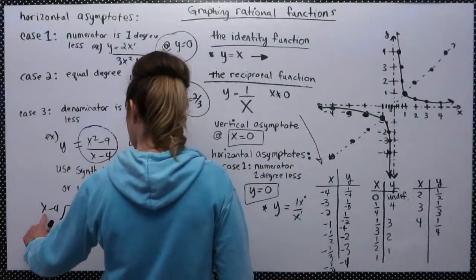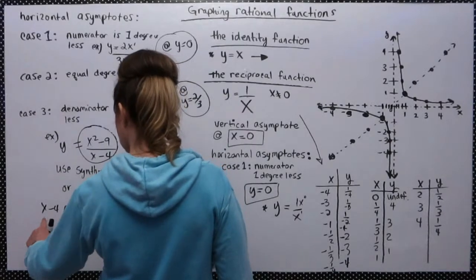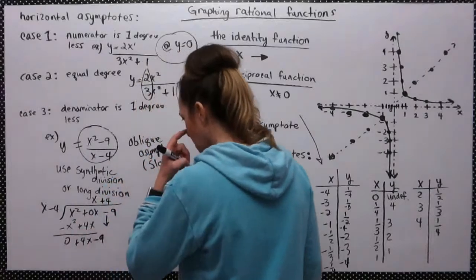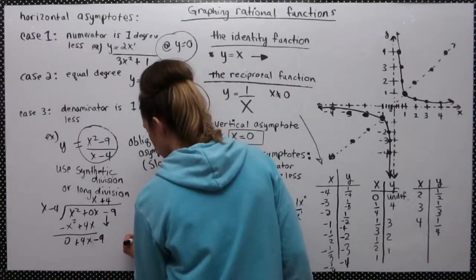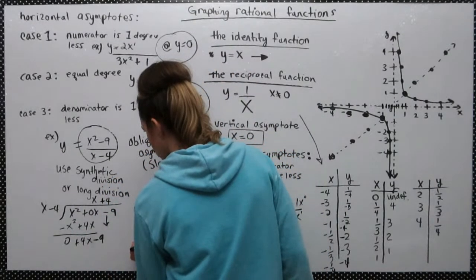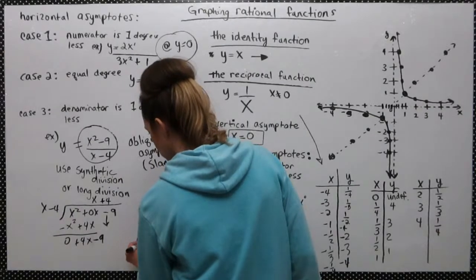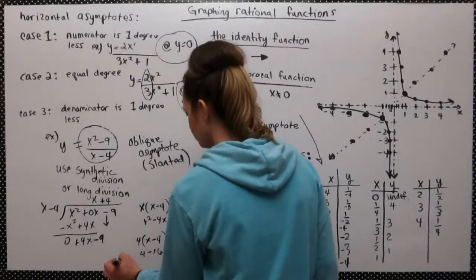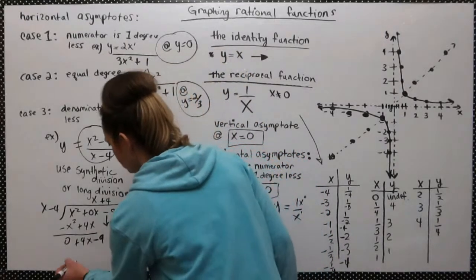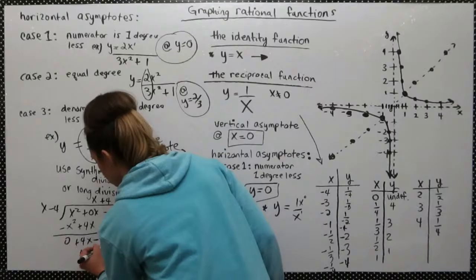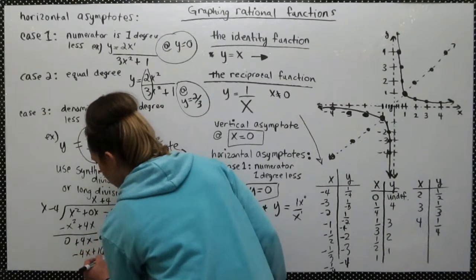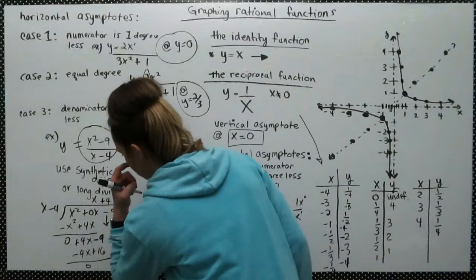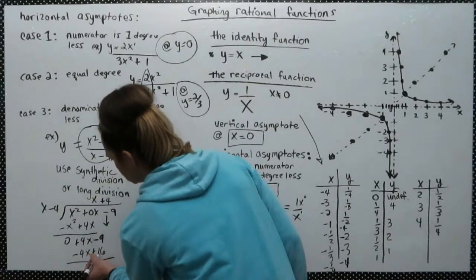And then when you divide 4x by x, you just get 4. So that's going to be plus 4. And then you say 4 times x minus 4. And that's going to give you 4x minus 16. Then you're going to subtract. So you change the sign. It's going to give you 0. And then, let's see, 16 and 9.